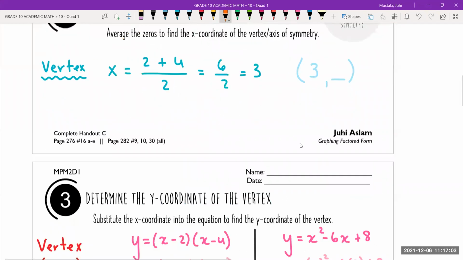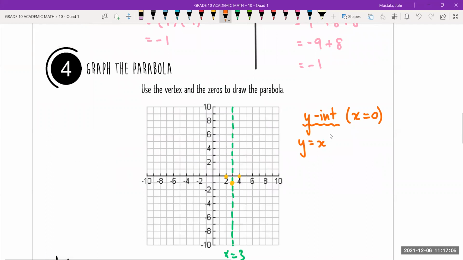So I'm going to take the original equation, which is y is equal to x squared minus 6x plus 8. I'm going to sub in a 0, so it'll be 0 minus 0 plus 8. And so it's just going to give me a value of 0, 8. That means at 0, 8, we have our y-intercept.